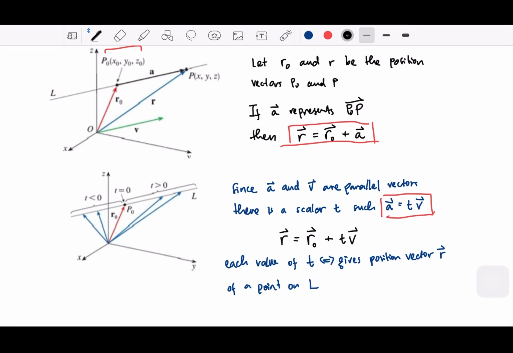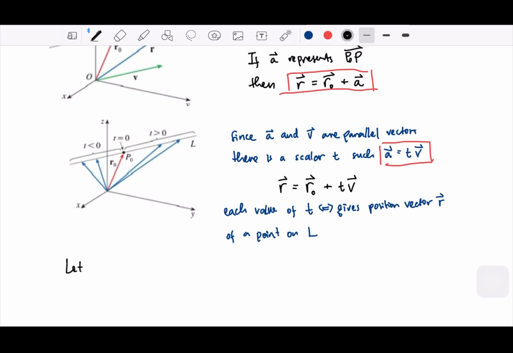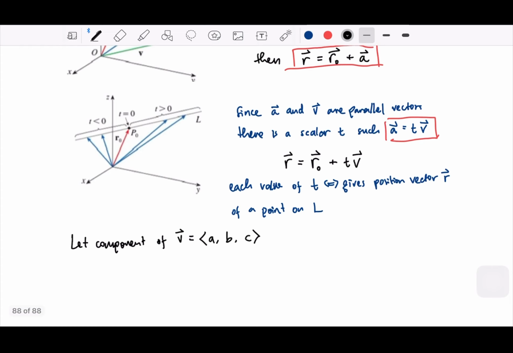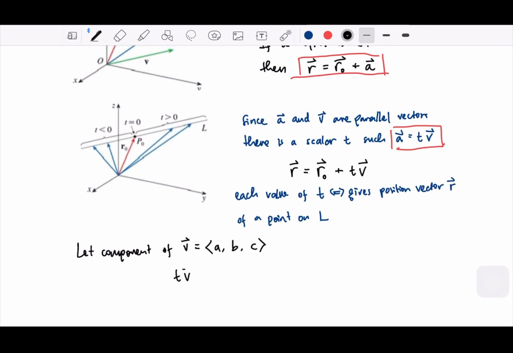And then, if we let this vector be, okay, it has some direction in three dimensions. Let's say it has some numbers. Or maybe we can write the vector v. Let the components of vector v be a, b, c, to make some definitions. Then if we multiply with the scalar t, we have ta, tb, and tc.